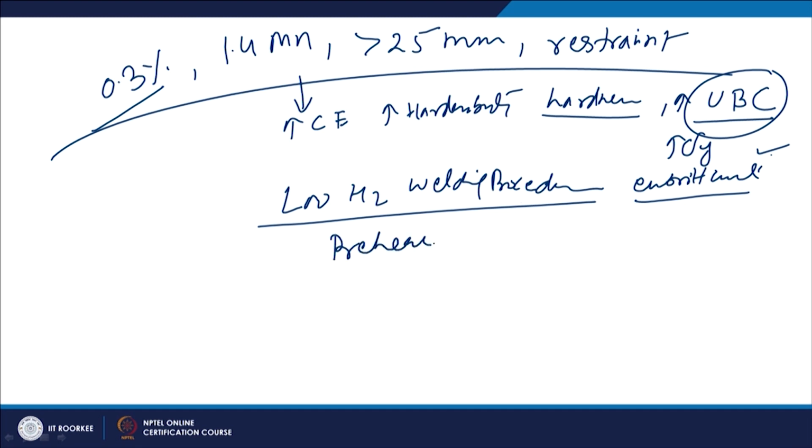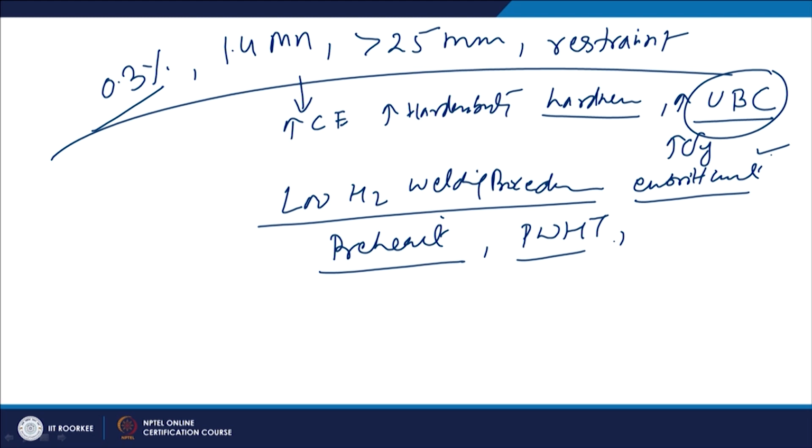Suitable preheat. Now, the preheat temperature may not be very high, it may be like 40-50 degrees centigrade only, and then post weld heat treatment, so that if there is hydrogen, it can be diffused out to avoid any possibility of cracking subsequently.